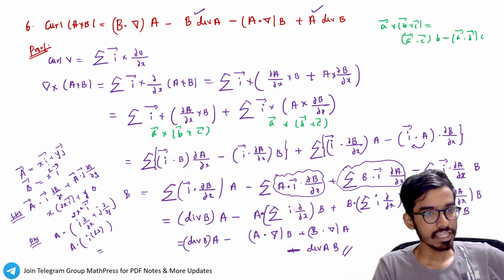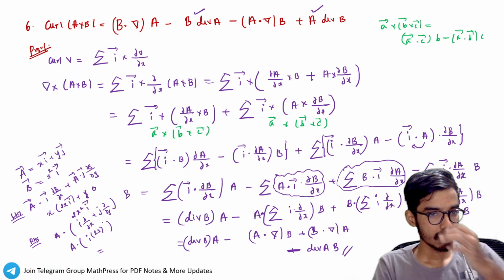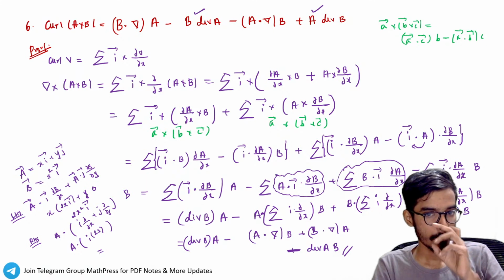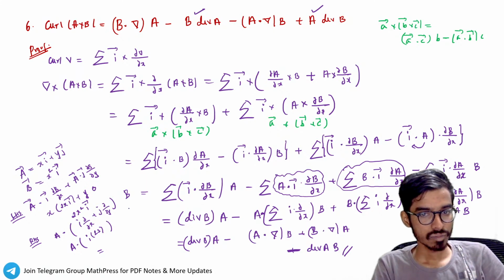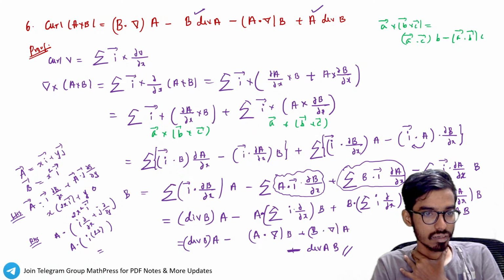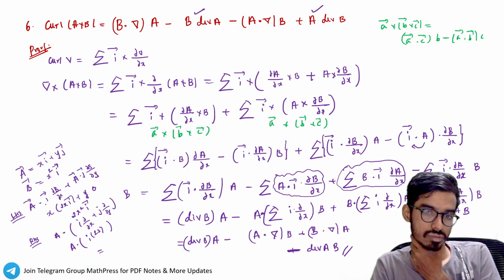So you will have only this. And what is A? A is xi plus yj. So if you put A to be xi plus yj and make a dot product here, this is 2x.